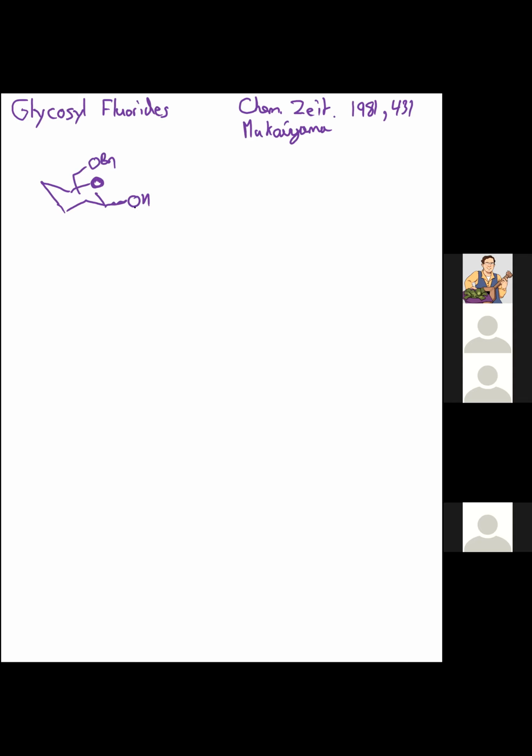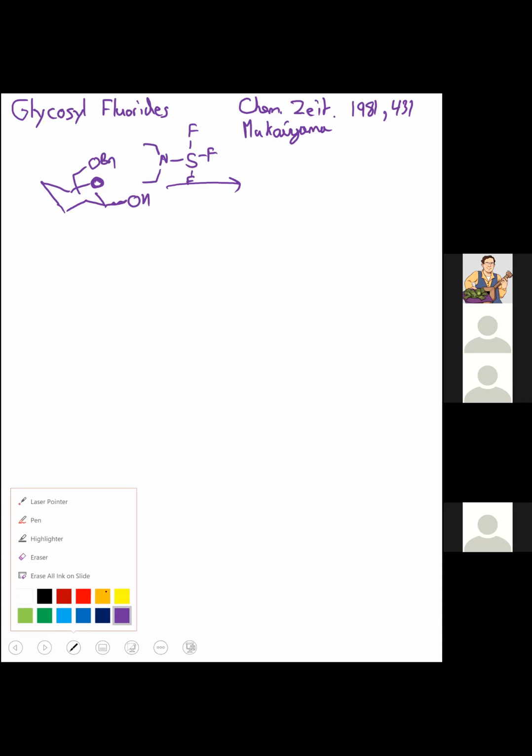And you react it with a reagent which has way too many fluorines on it. This reagent is called DAST.